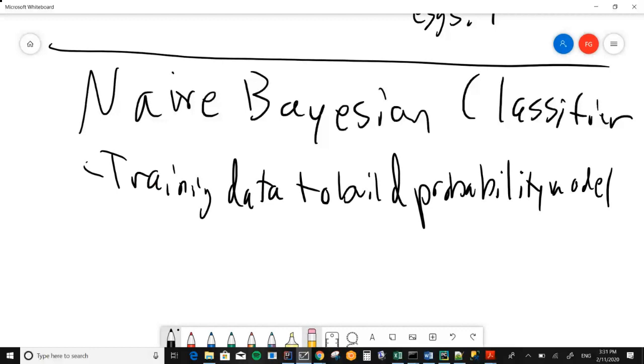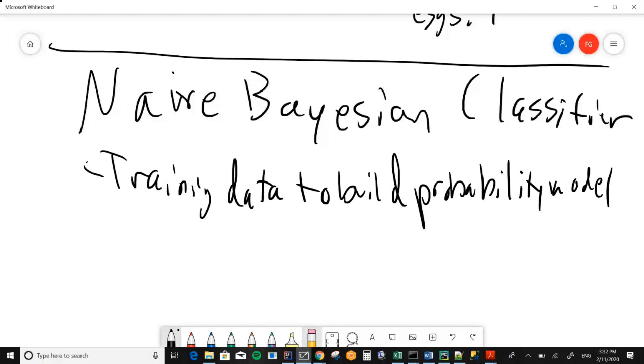Now, this is a pretty interesting idea. A lot of the heart of this is to make observations from that training data, and basically by counting, it can build probability models.